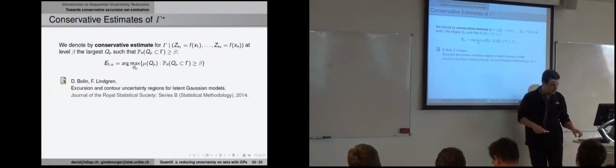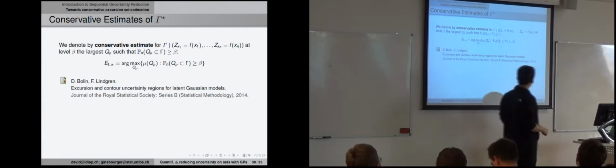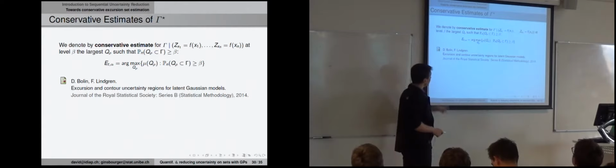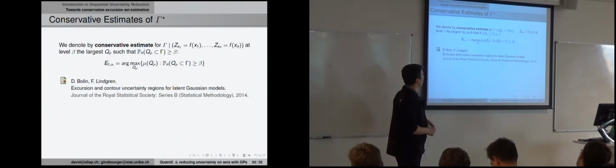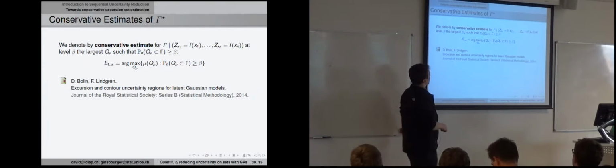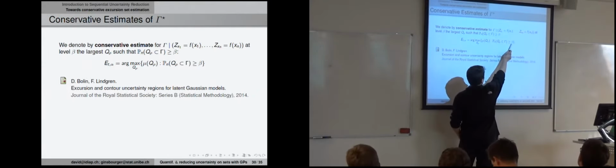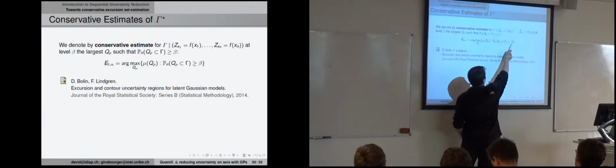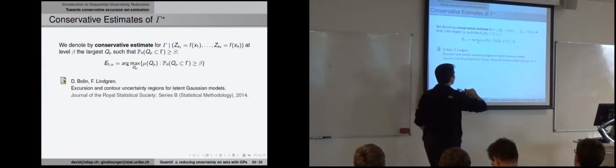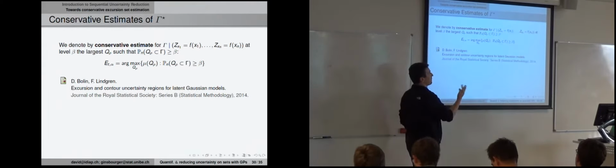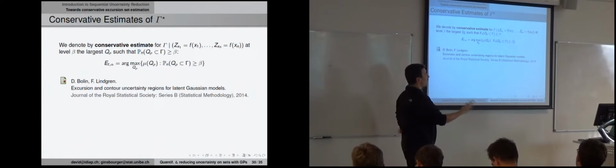So what is a conservative estimate? This is something that you can find, for instance, in the paper by Bolin and Lindgren in Series B 2014. You want to control the probability that the whole set is safe. So this is the probability that the whole quantile is in the actual safe set with a probability larger than beta, but then that doesn't really define a set.